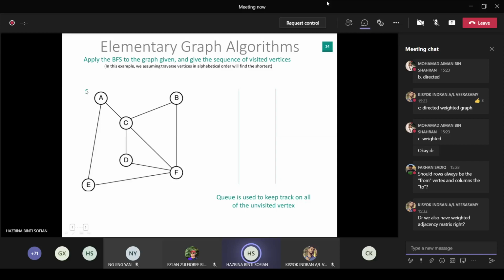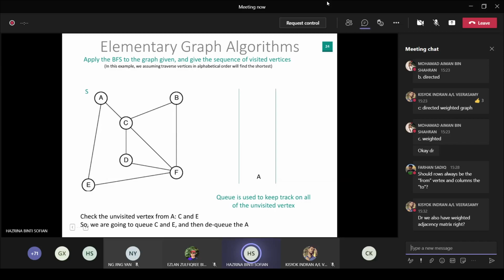Okay, so in here we declare A as the root. The same, we assume traversing vertices in alphabetical order will find the shortest path. So we will start with A.